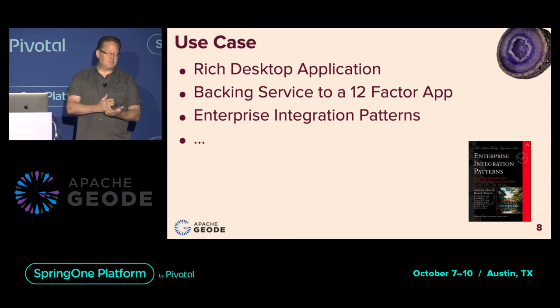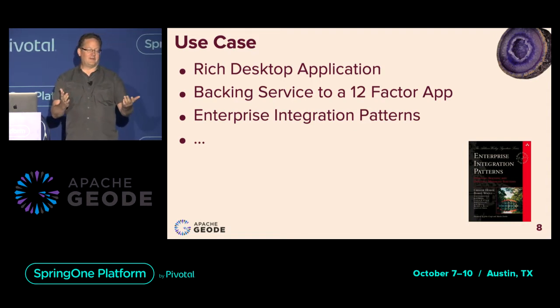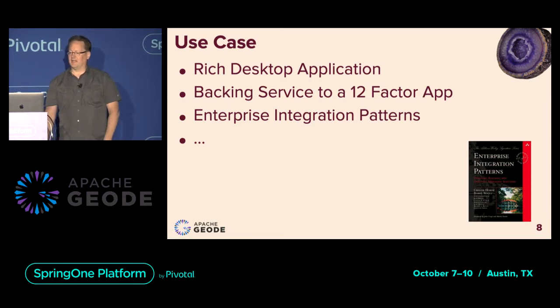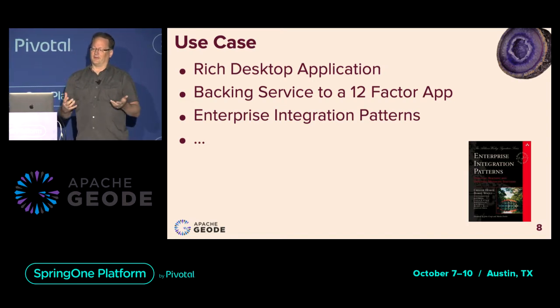And then if you're a backing service for a 12-factor app, that's a super common use case where you can have your .NET applications reaching back, providing enhanced services, and using Geode as your database. And then finally, the enterprise integration patterns, right?